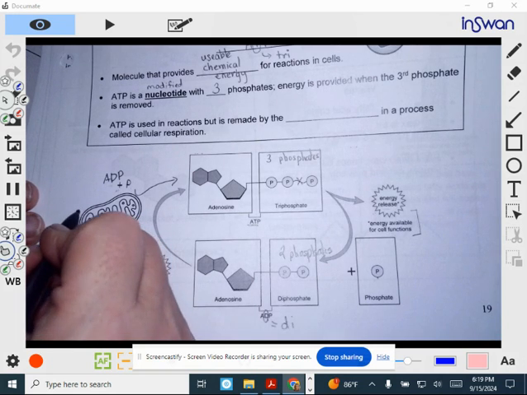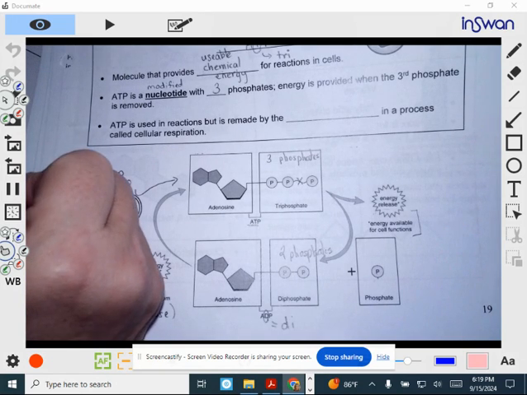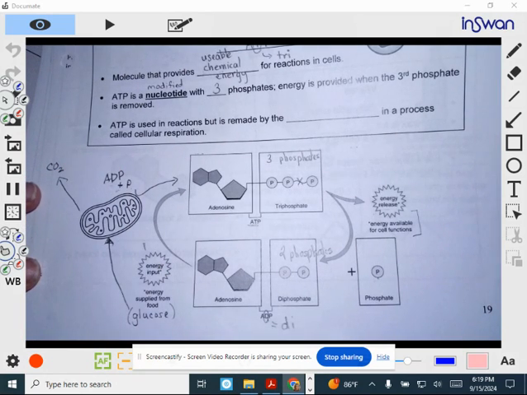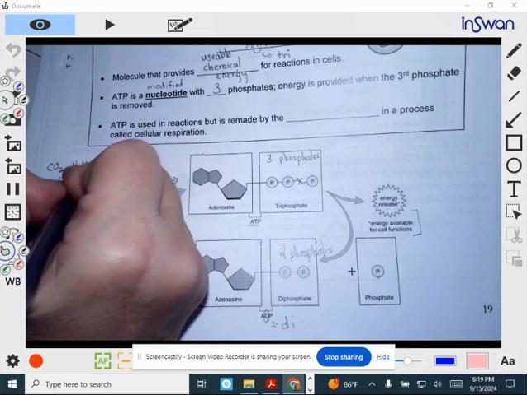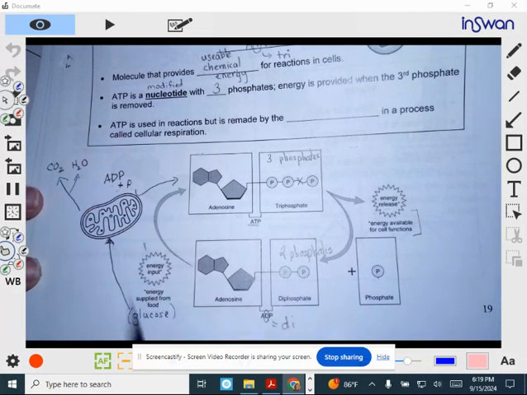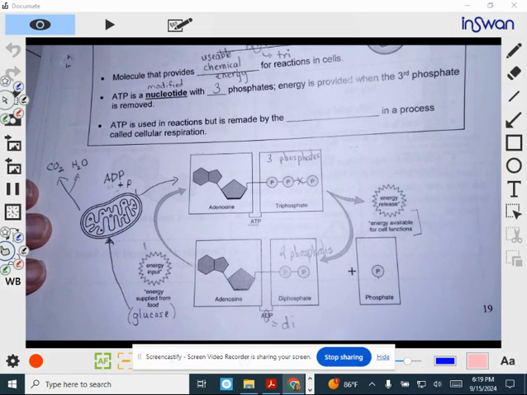Now, there's also some other things that are released. So when we break down glucose, this is what's left of it. You've got CO2 molecules and water molecules that will get released from that reaction, and energy, but that energy is used to remake that ATP.